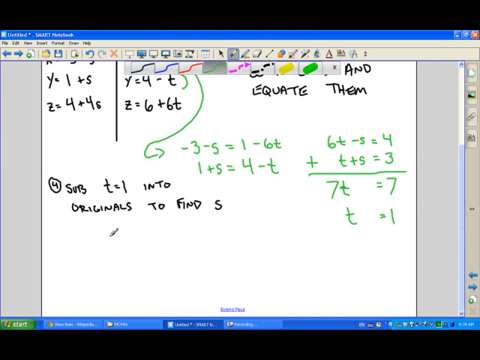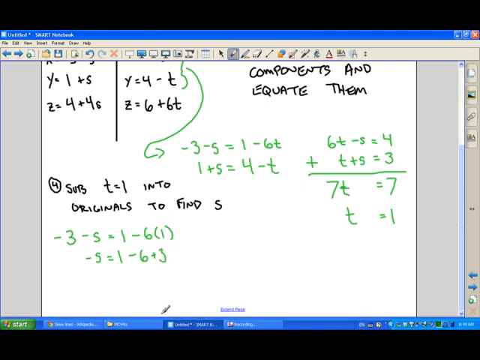So if I take this and sub it into my equations for the x variable, I get negative 3 minus s equals 1 minus 6 times 1. Rearranging, I get negative s equals negative 2, or s equals positive 2.